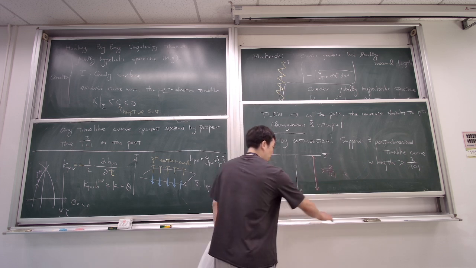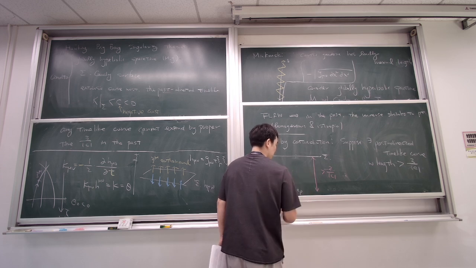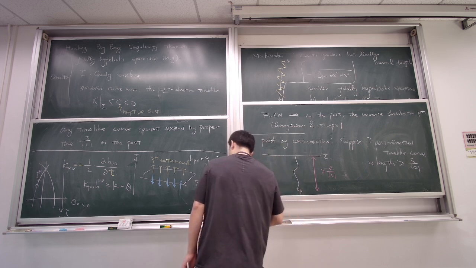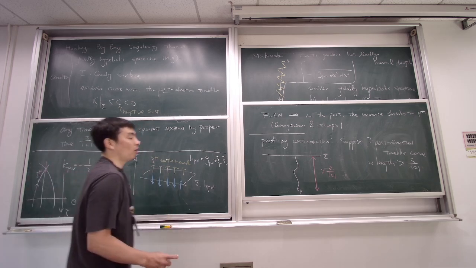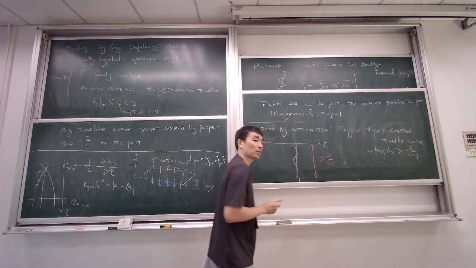If you have a time-like curve, maybe like this way initially, you can always find a longer path by considering a geodesic like this way.